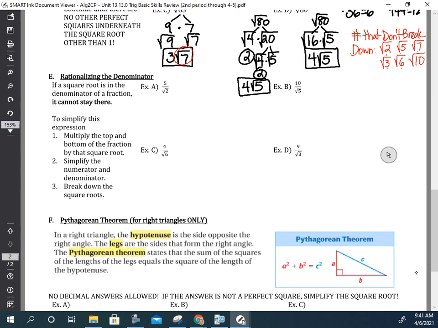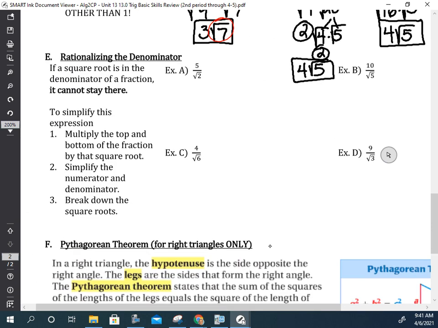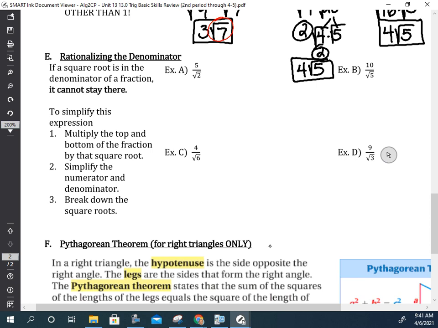So if you have a square root at the bottom of a fraction, we have to get rid of it. This is how we get rid of a square root sitting at the bottom of a fraction. First step, multiply the top and the bottom of the fraction by that square root.